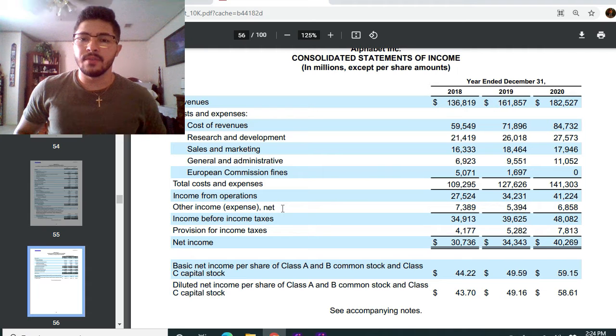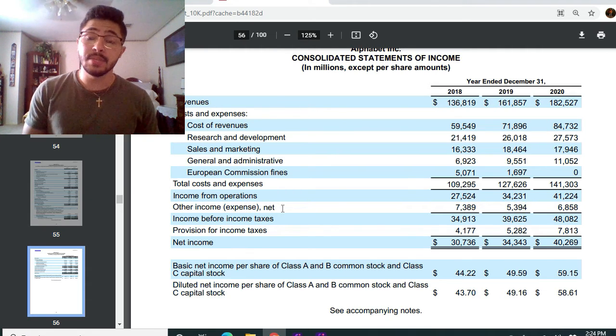If they just have a big pile of cash that is not doing anything, then they're actually losing money because of inflation. So what they try to do is reinvest that money into other companies, hopefully making the right investments and actually making money themselves.